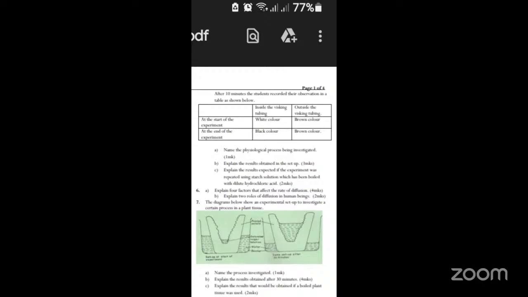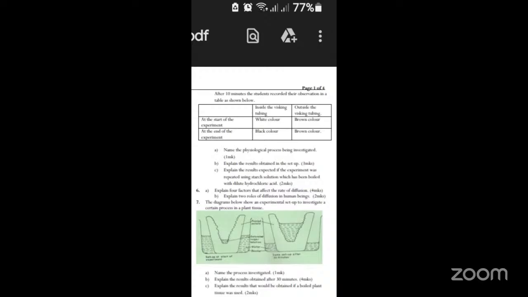So in an exam, you say that since the molecules of iodine are smaller, they move from the beaker into the whisking tubing, and this causes the color to change to blue-black, while starch molecules being bigger than the iodine molecules will not move from the whisking tubing into the beaker.